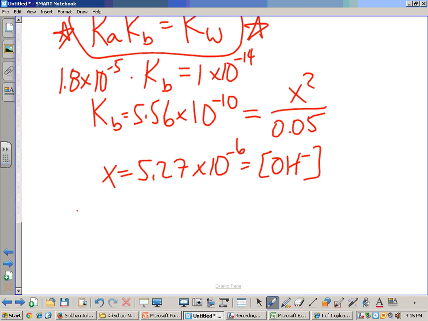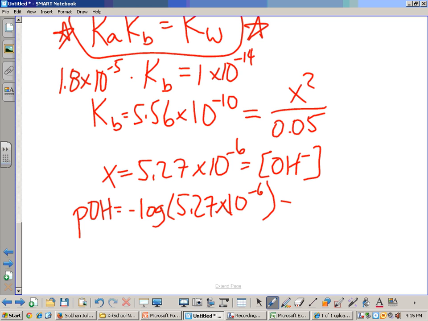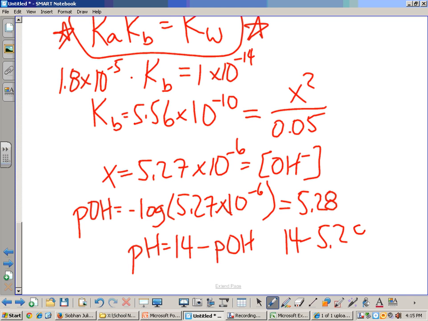I'm going to take the negative log of that to get the pOH, because I think that's most direct, get a pOH value of 5.28, and pH is simply 14 minus pOH, so 14 minus 5.28, get a pH value of 8.72.